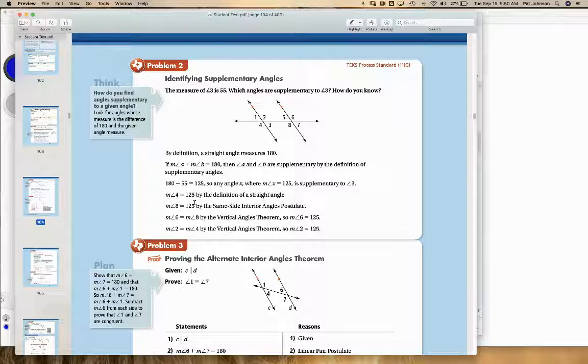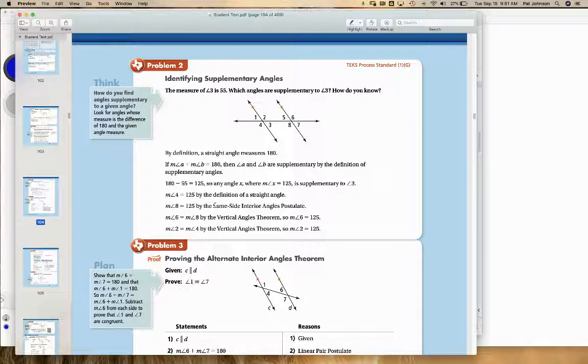Now there are 4 angles that are supplementary in this picture here, and you can come about them in all different ways. When I went through it, I had different reasons. They say the measure of angle 4 is equal to 125 by straight angle, or you could say linear pair. That's what I said, because 3 and 4 make a linear pair, therefore 4 is supplementary, and it equals 125.